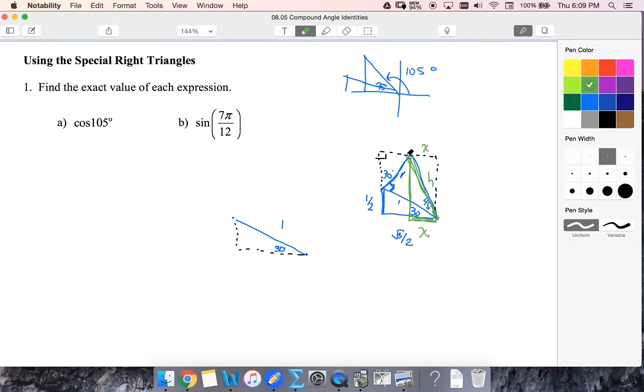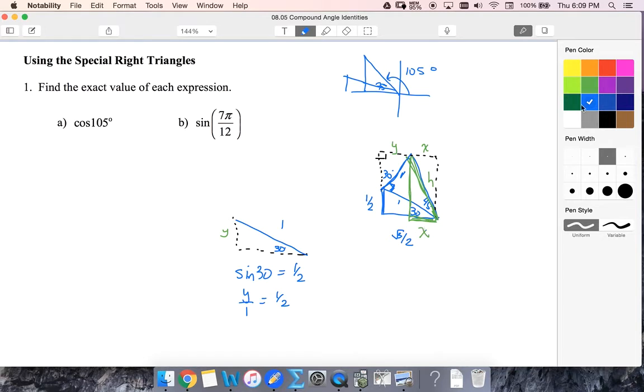So I want to know this side. Let's call that one y. Okay, so that's across from my 30. So I'm thinking of sine. So I know that sine of 30 is 1/2, and from this picture, sine of 30 is y over 1, so of course that makes y equal to 1/2.